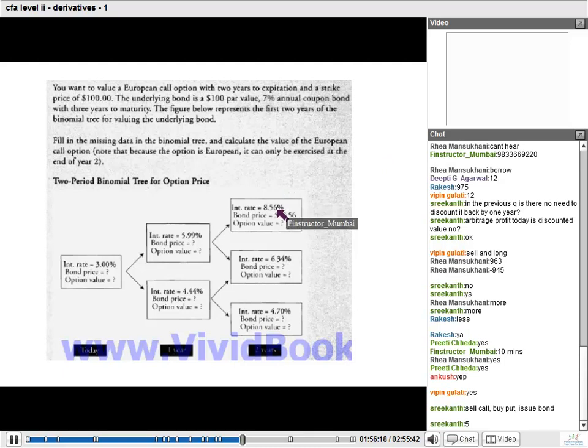Similarly, we could use the binomial tree to price a treasury bond or to price bond options. So you want to value a European call option with 2 years to expiration and a strike price of $100. So now the option is on bonds.